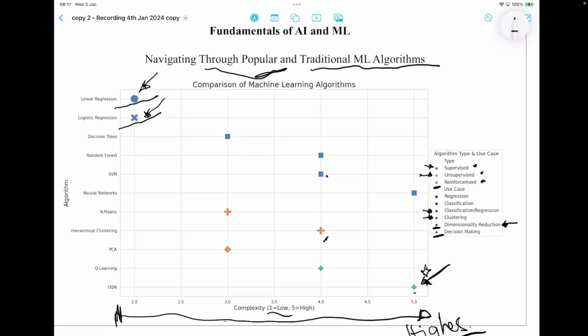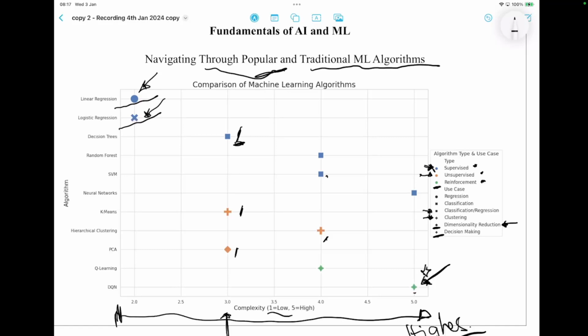If we move up in the level of complexity, we can see that we have 3 models that are more advanced than linear regression and logistic regression. Those are decision trees, and so far all of those belong to the supervised learning models because they are in blue.